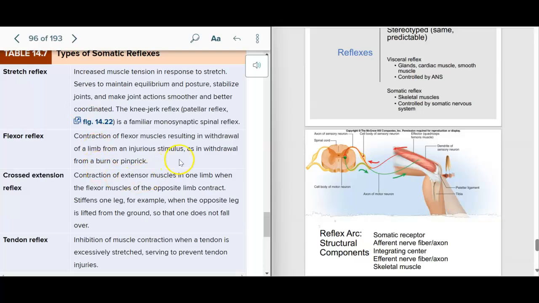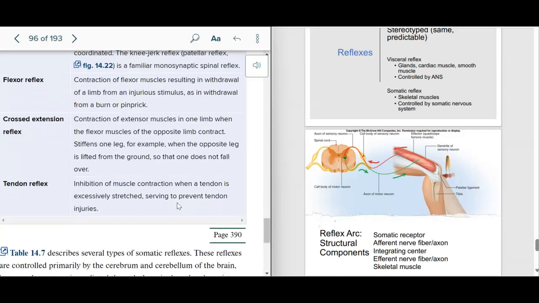Flexor reflex is when you withdraw from something, like getting burned. Cross reflex, for example, is if you step on something with one foot, you draw that leg up, but your other leg stiffens in order to help make sure you don't fall.